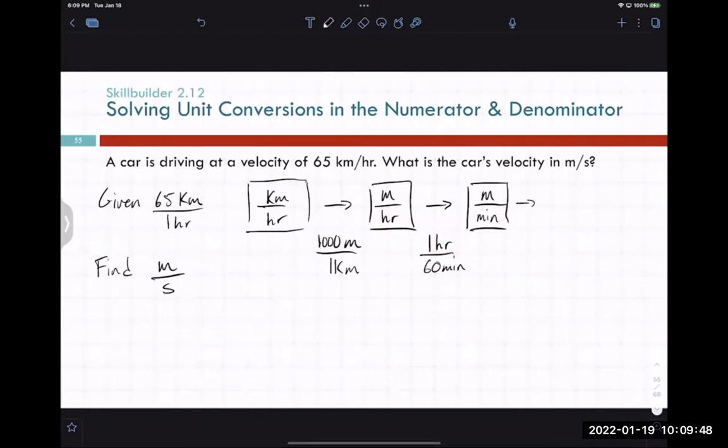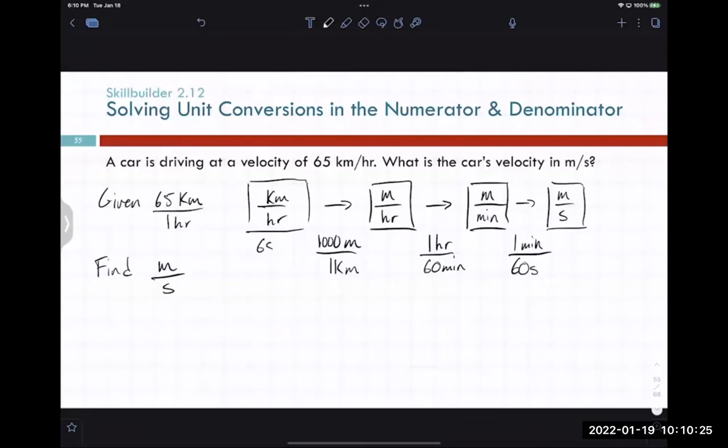And then we can go from minutes to seconds. So we've still got meters on top. For every 1 minute, that's 60 seconds. If you know that there's 3,600 seconds in an hour, you could do that conversion. So you kind of made a conversion out of 2 conversions and saved yourself some time maybe.